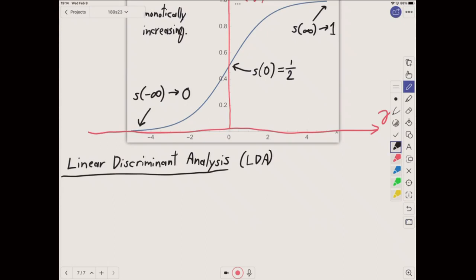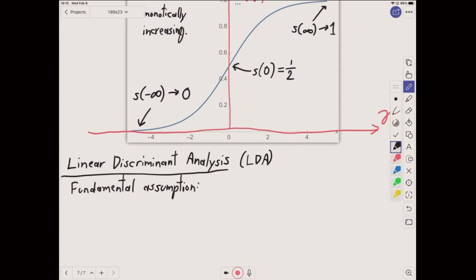One nice thing about that is because you always get a linear decision boundary, LDA is less likely to overfit than QDA is. There's just a less flexible decision boundary. So again, we get from QDA to LDA by adding one additional fundamental assumption.